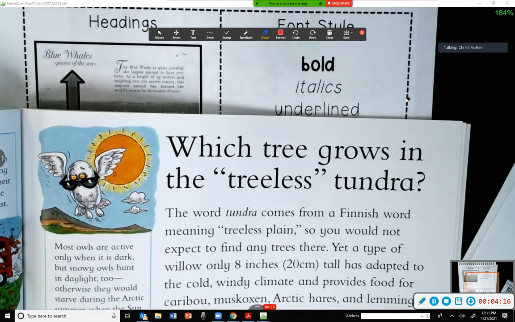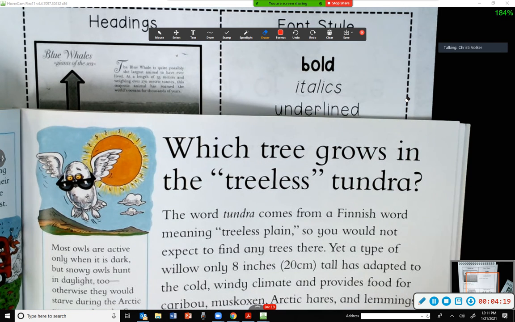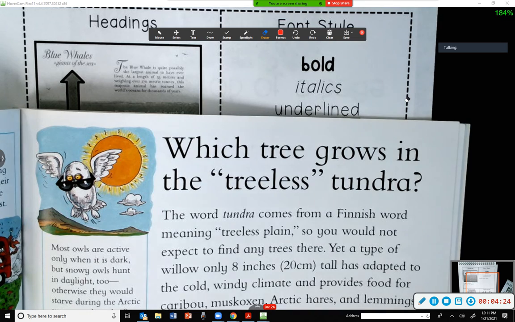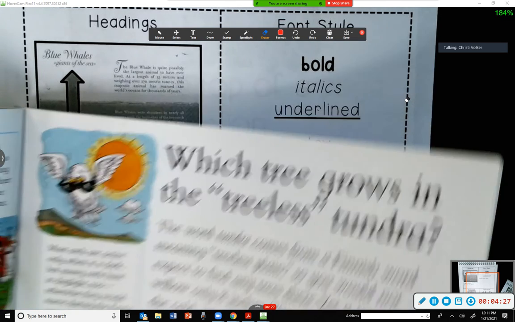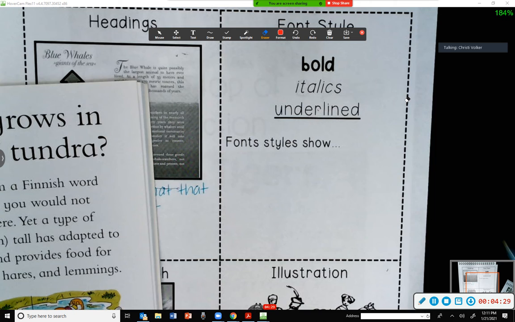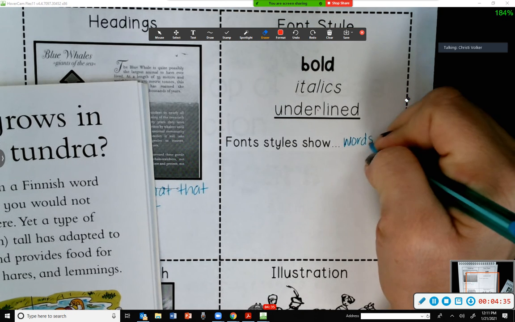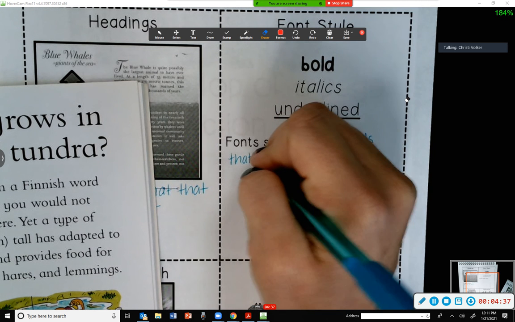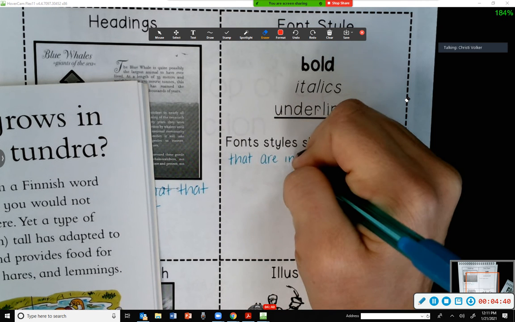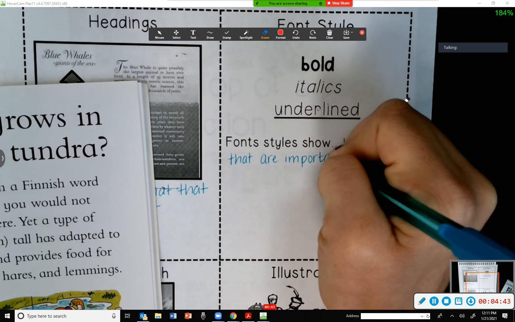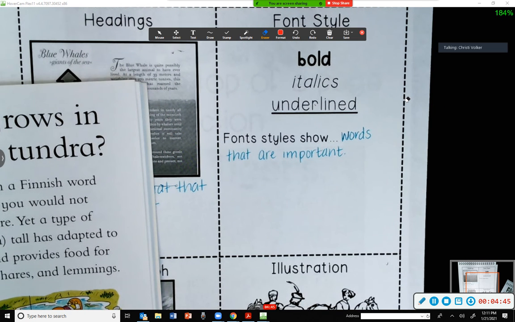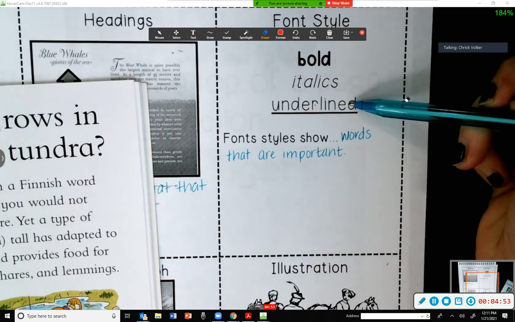What do you think different types of font is going to tell you? Maybe it's more important. Y'all think that? Font styles show you words that are important. Okay? Words that are important. They want them to stand out to you for a reason because they're important.